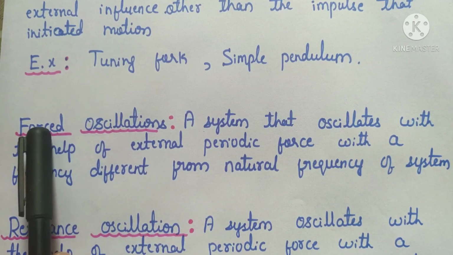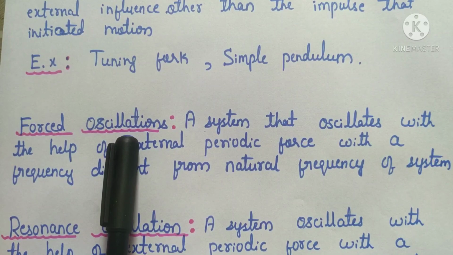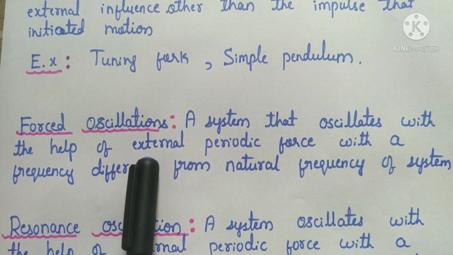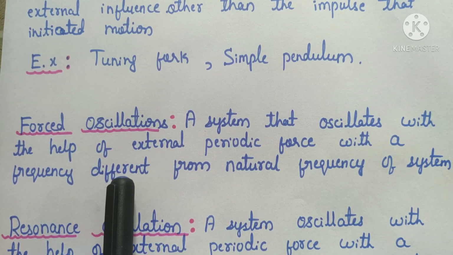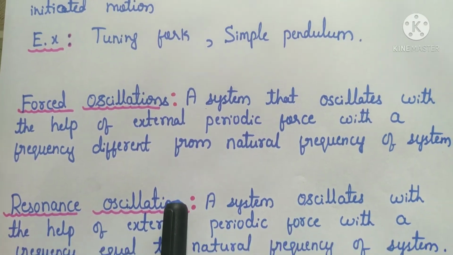So this is forced oscillation. Keep it in mind, in forced oscillation the system will oscillate only when we apply the external force on it, and the frequency is different from its natural frequency.